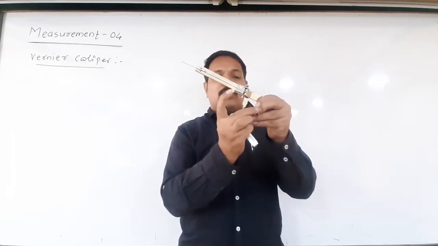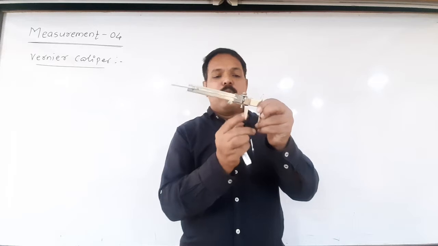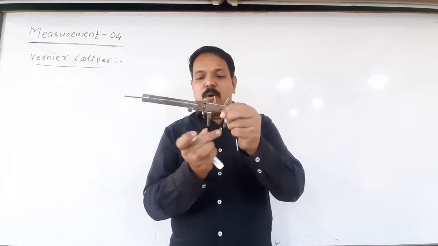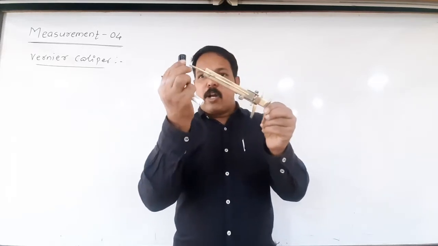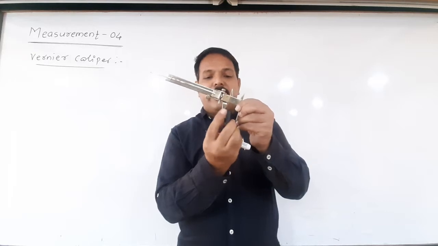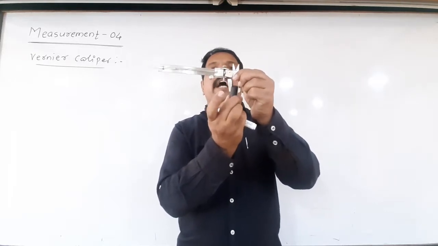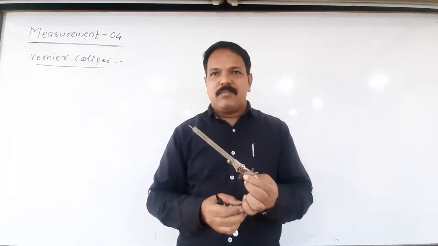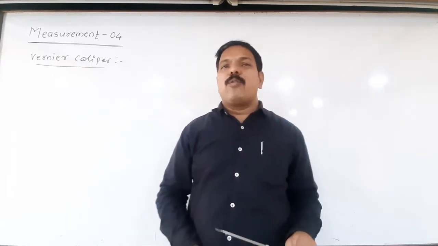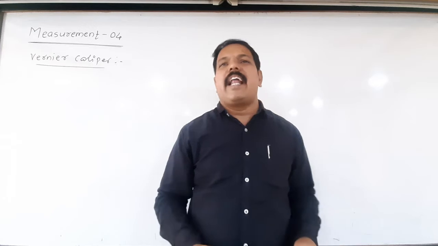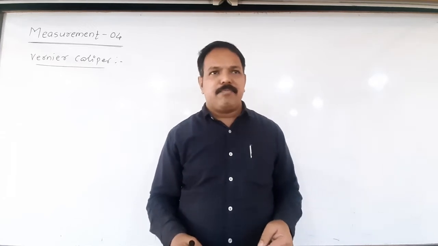There are different screws, and by using them we can move these jaws. If we have to measure the diameter of this, we can hold it like this. In this way also, we can measure the diameter. This is more accurate compared to other scales like the meter scale or the foot scale.